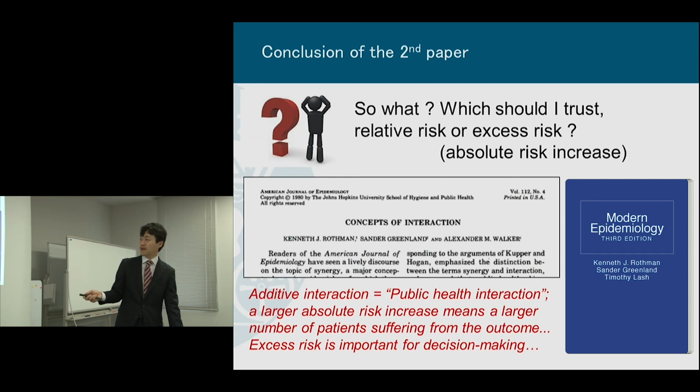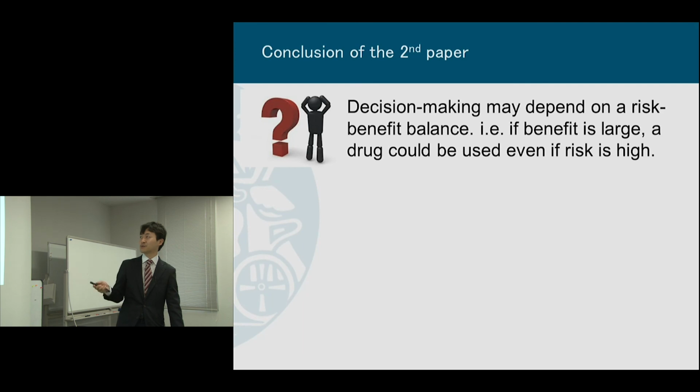But what I thought was, if discussing decision making, my interest was also the risk-benefit balance. So coming back to the original question, risk-benefit balance: if benefit is large, a drug could be used even if risk is high.